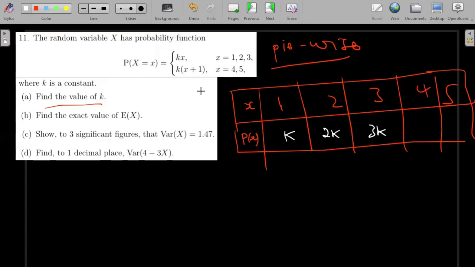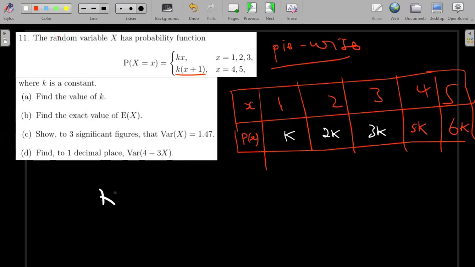But if x is 4, I'm using this other formula, this one down here. So if x is 4, it will be k times 4 plus 1, so that will be 5k. If it's 5, it will just be 6k. Since they are claiming that this is a valid PDF, when I add all these probabilities, I should get 1.